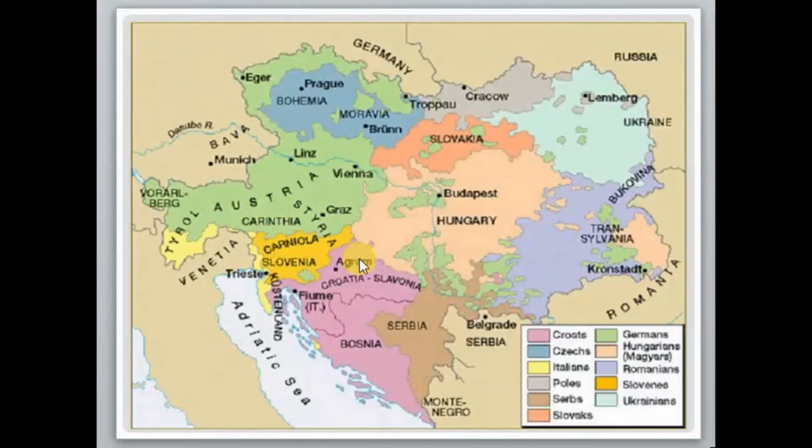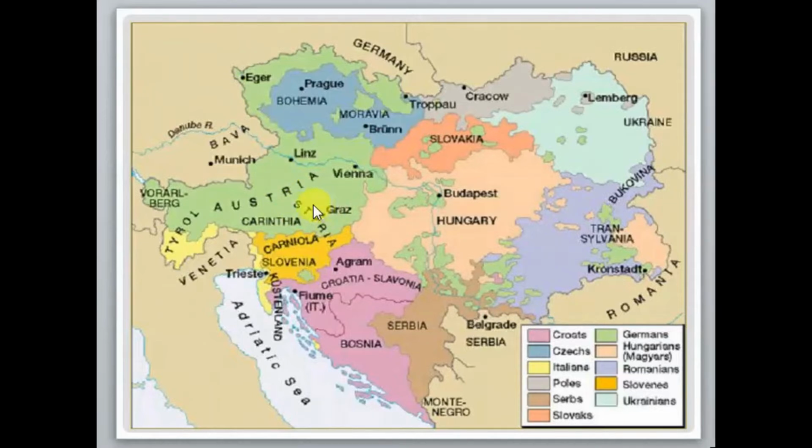It included different language speaking regions like German speaking in green color, Italian speaking in yellow color, Polish speaking in light gray color, Magyar speaking in light pink color, and a variety of dialect speaking regions. Hence, it was difficult to promote a sense of political unity.